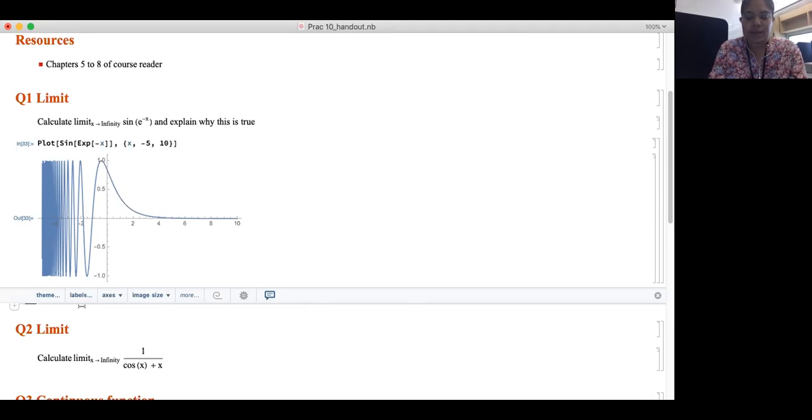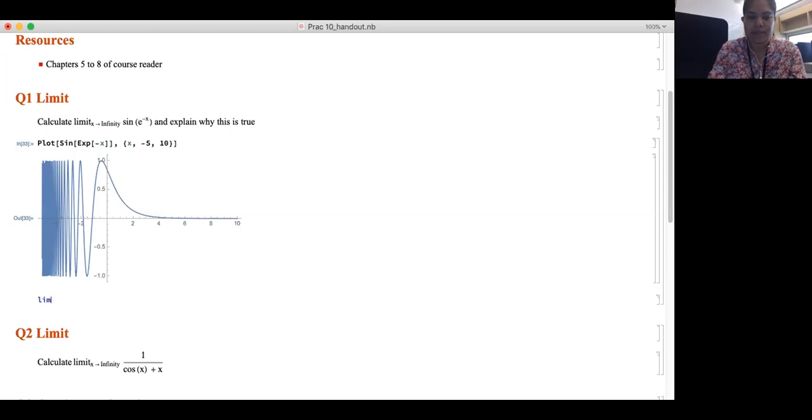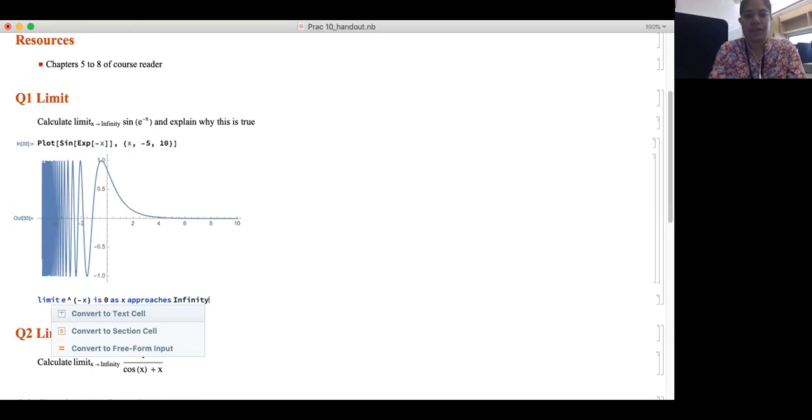Okay, on that page it says, for the limit of a composite function, let's say you have the limit of e to the power minus x is 0 as x approaches infinity.